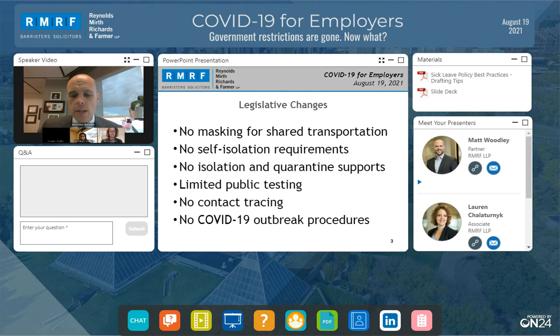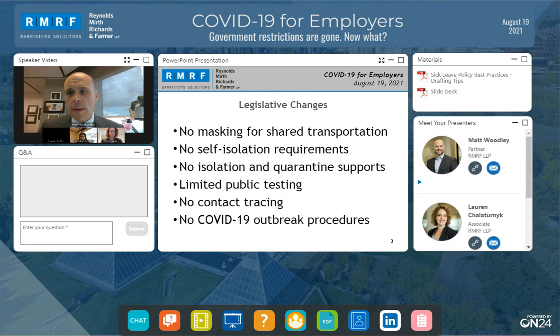And public testing will only be available for individuals with symptoms when it is needed to direct patient care decisions. So Albertans with mild symptoms that don't fall into that category will not generally be tested. And testing is going to be available through care settings as opposed to the sort of high volume testing settings that we've been used to over the last few months.